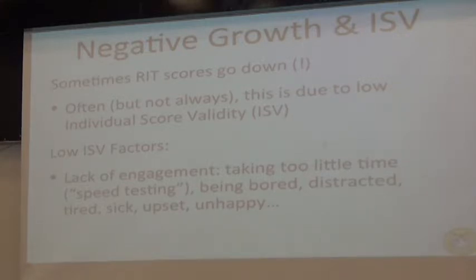If you speed through the test, we've definitely seen, especially third, fourth graders, they just can't get through it fast enough, which is just something that we have to expect, right? If you're bored, if you're distracted, if you're tired, if you're sick, upset, unhappy, your friend was mean to you, you didn't get snack, you didn't get to run around, all sorts of reasons. These are all the different reasons why we might get low individual score validity. And every single testing session, we get some of them.